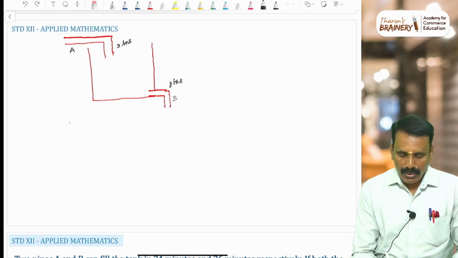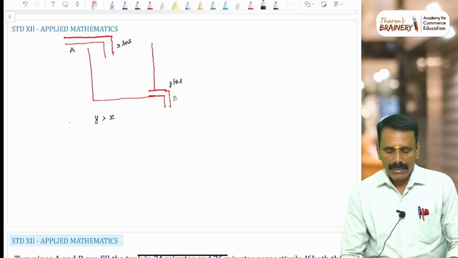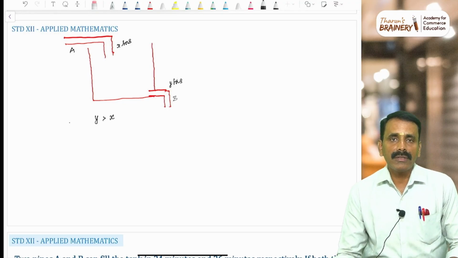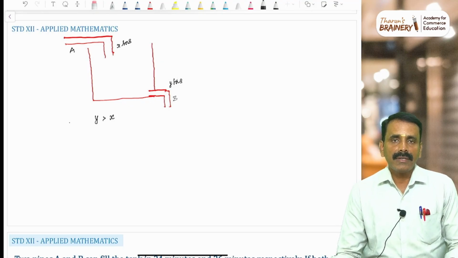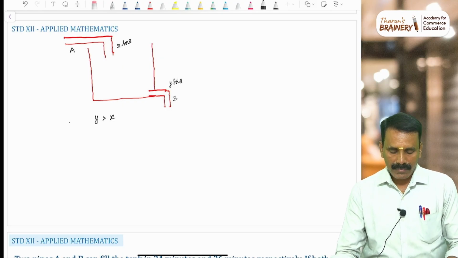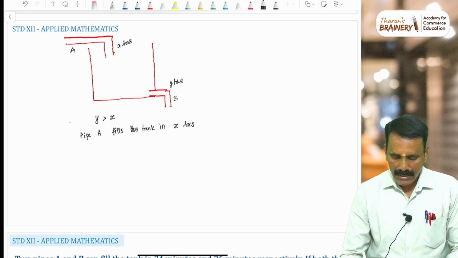Now, Y is going to be greater than X. That is, the time taken for pipe B to empty the tank is greater than the time taken by pipe A to fill the tank.